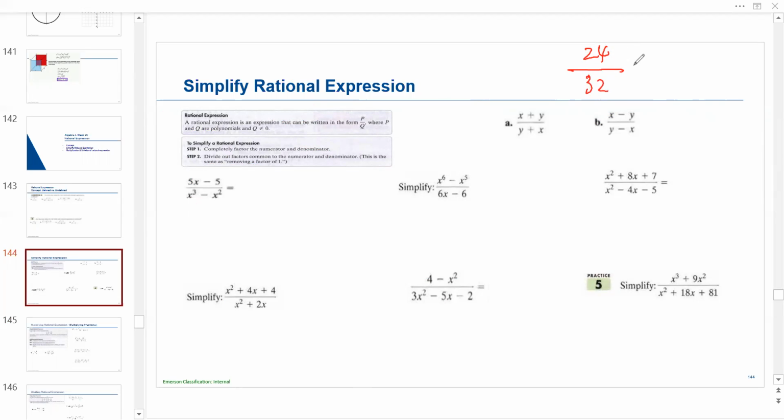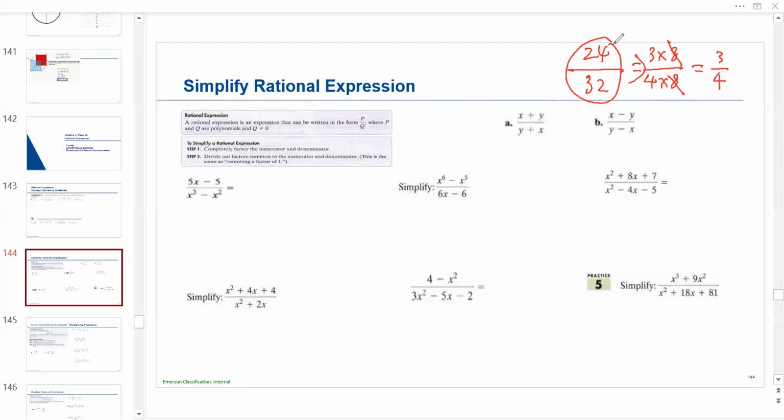This is a fraction, and it can be simplified. How do you simplify it? You say this is 3 times 8, this is 4 times 8. So 8 is their common factor. You can get rid of it, right, if it is not equal 0. So you can simplify into this, right? This is the process.